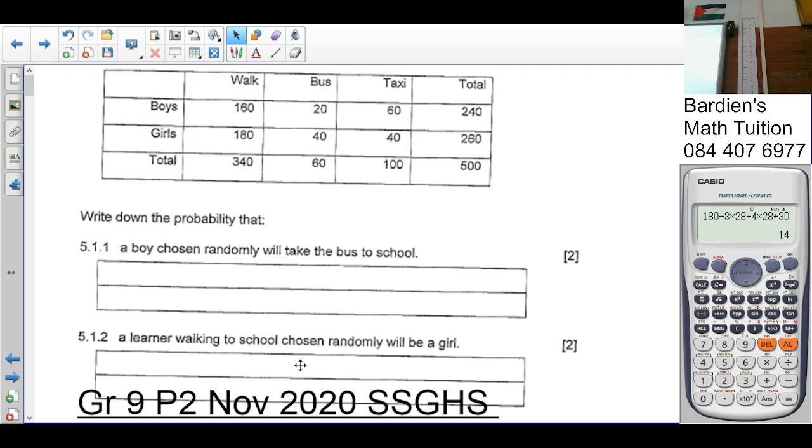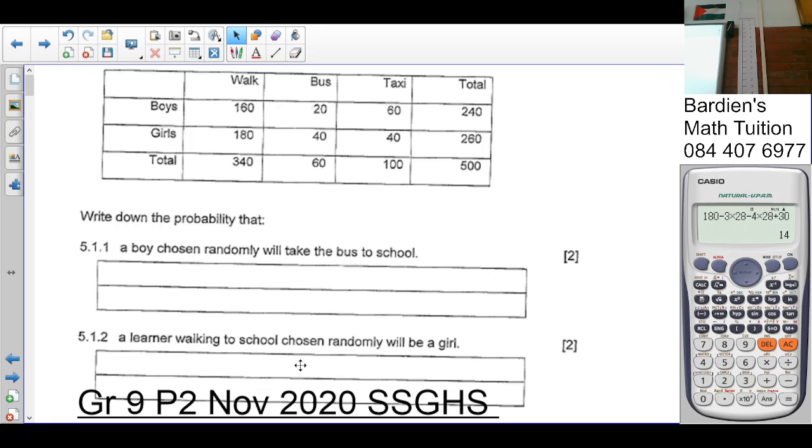So there are 160 boys that walk, 20 boys use the bus, 60 use taxi, and there are 240 boys in total. There's 180 girls who walk, 40 girls who take the bus, 40 take the taxi, and 260 girls in the school.